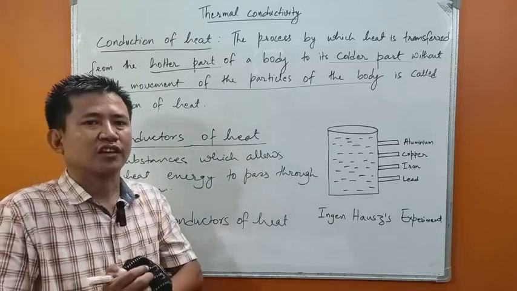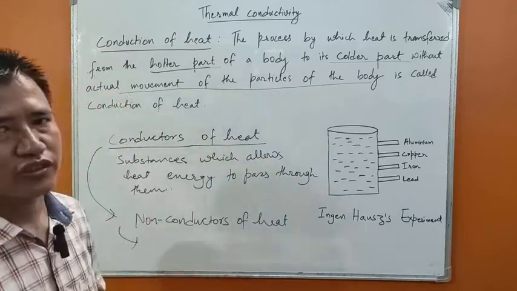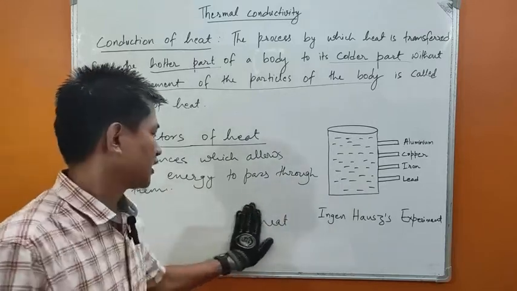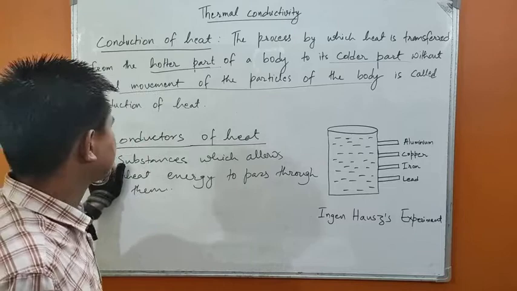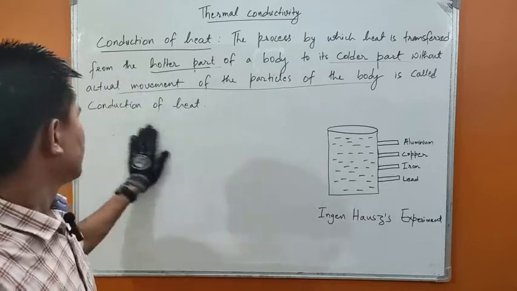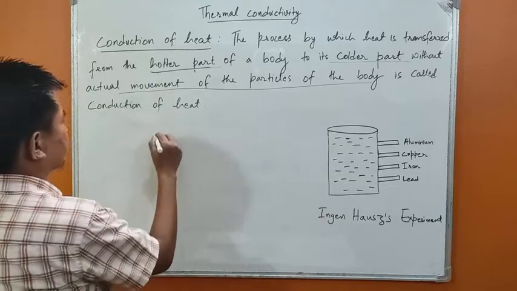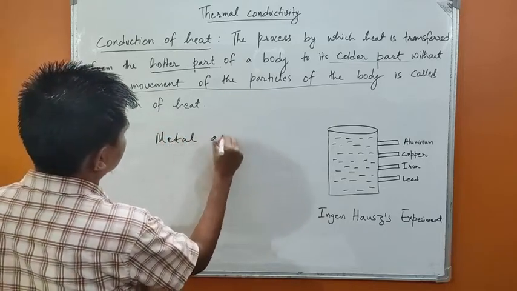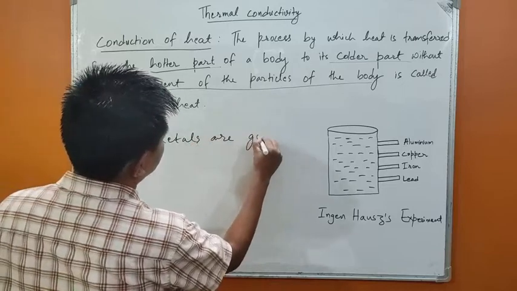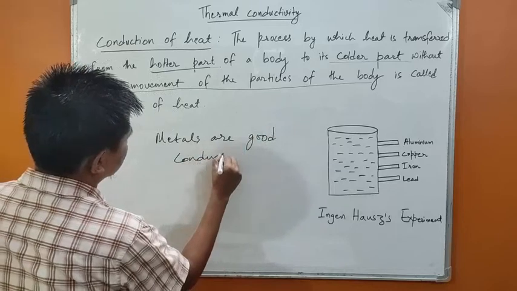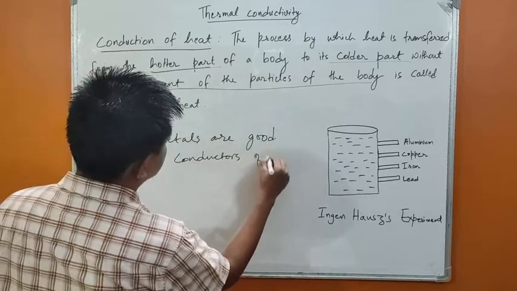Non-conductors of heat means the substances which do not allow heat energy to pass through them, because they do not expand so much on heating like metals. Metals are generally conductors of heat. Metals are good conductors of heat.